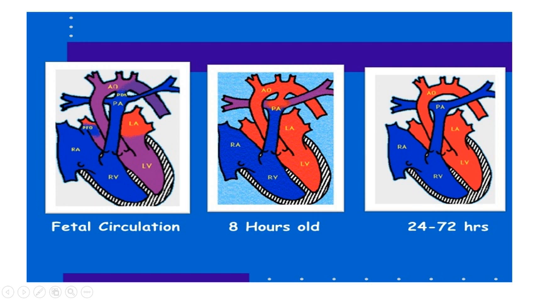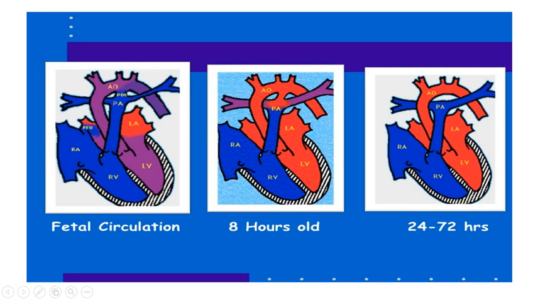So this is fetal circulation with patent foramen ovale and patent ductus arteriosus. This is circulation in an 8 hour old infant. The foramen ovale is closed here. The ductus arteriosus is about to close.